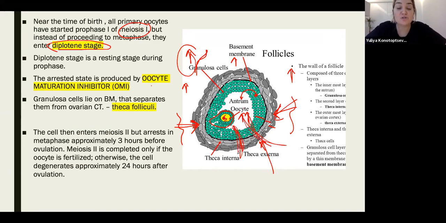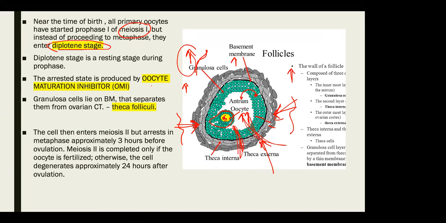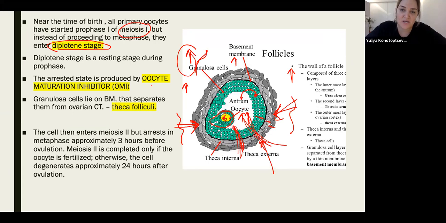As it ruptures, what's going to happen? You're going to see that your secondary oocyte, surrounded by zona pellucida, surrounded by corona radiata, now flies towards the fallopian tube. I'm not sure if you know, but we need this burst. We need this high pressure because the ovary is a bit far away from the fallopian tube.